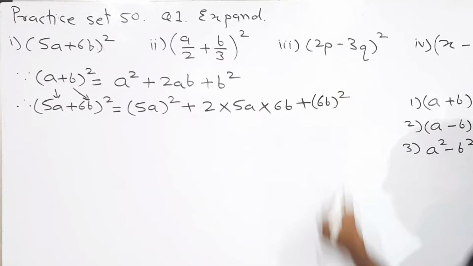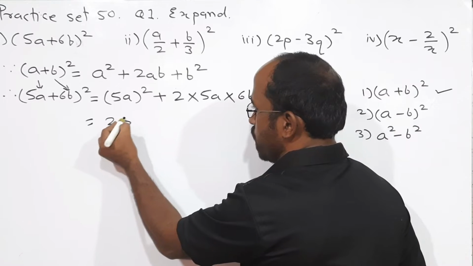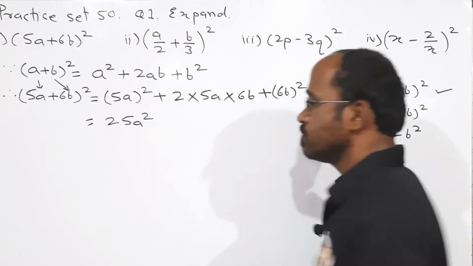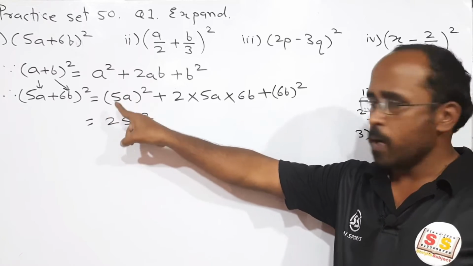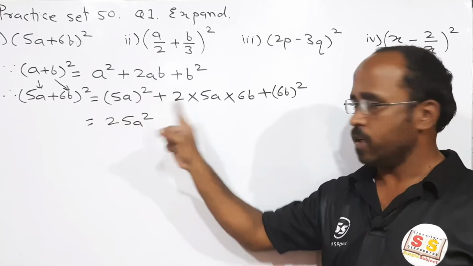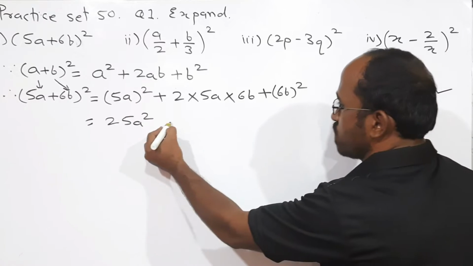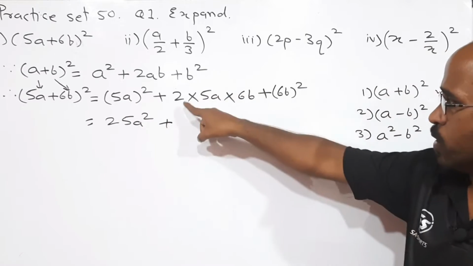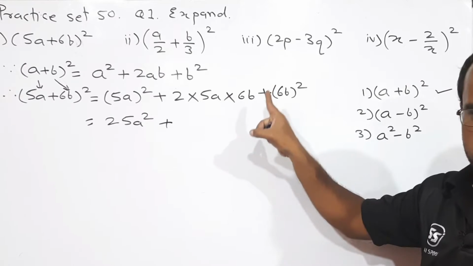Got it, students? (5a) square: the square of 5a is 25a square. Here we have to find the square of 5 and also of a. So 5a multiplied by 5a gives 25a square. Plus the multiplication of this: 2 fives are 10, 10 sixes are 60. We are multiplying coefficients.